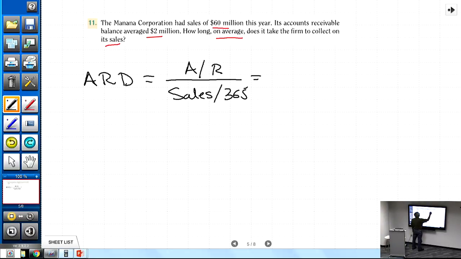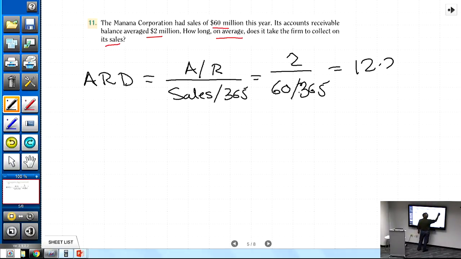So accounts receivable is 2 over 60 divided by 365, which would be 12.2 days. It's pretty simple and straightforward.